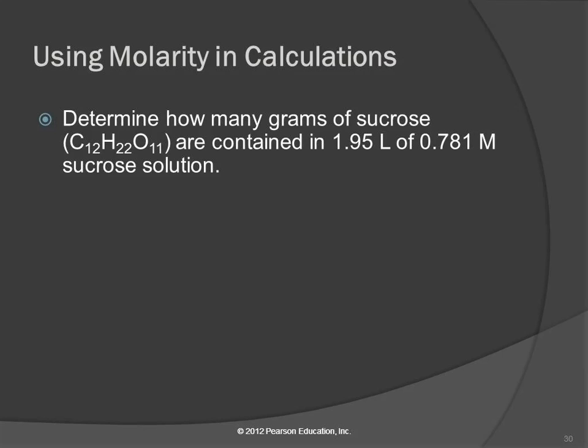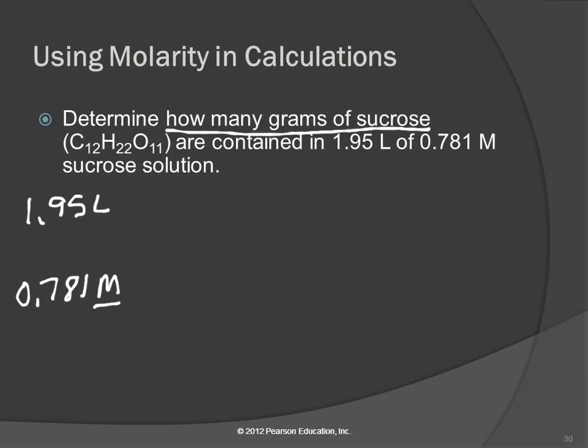So what's jumping out at me is how many grams of sucrose. That's what I'm trying to find. And then I've got two numbers that are given. I've got 1.95 liters, and I've got 0.781 capital M. Now, you look at those two units and you're like, I can't do anything with that, right?